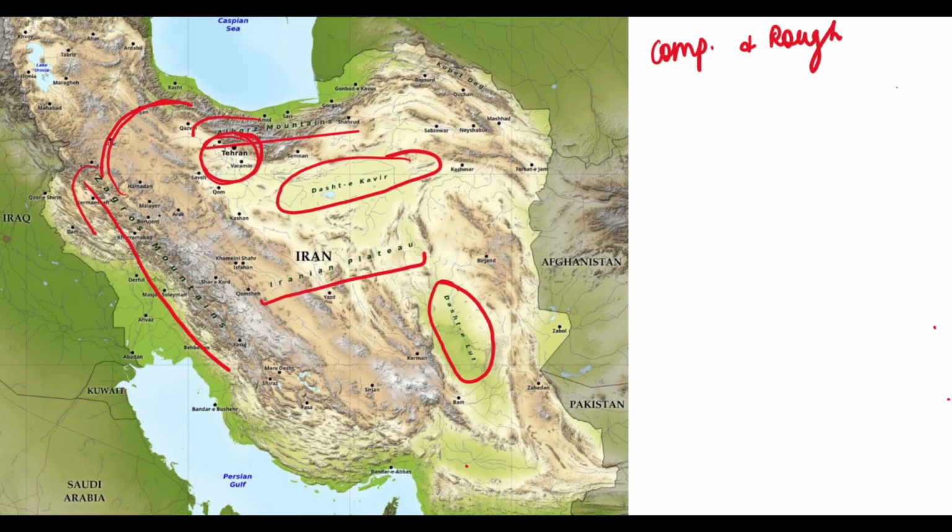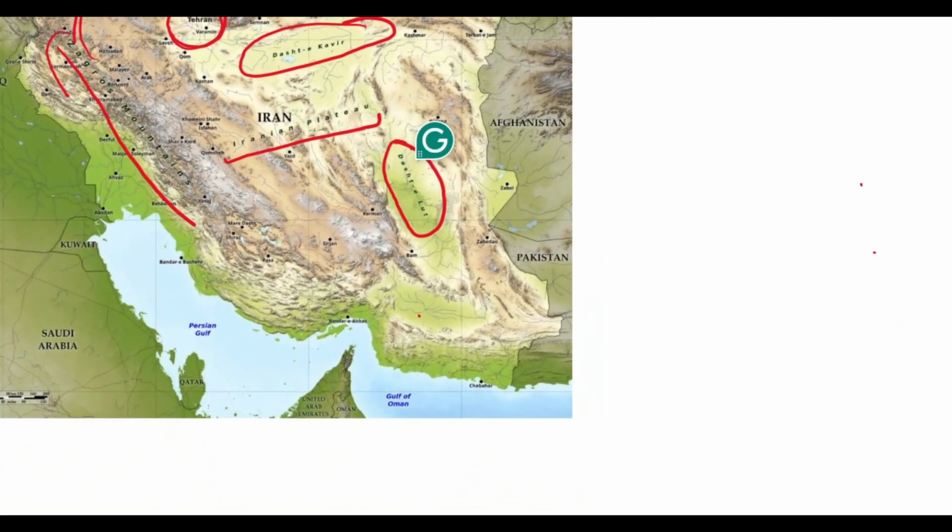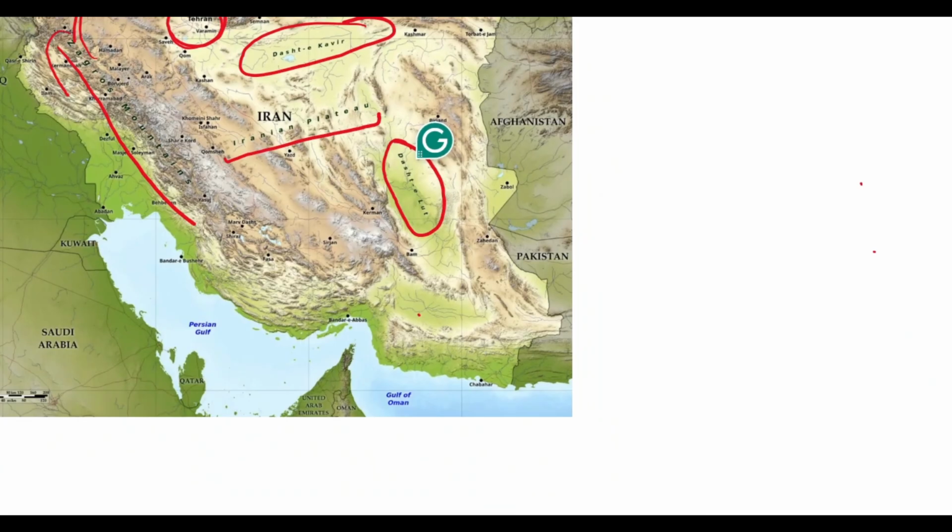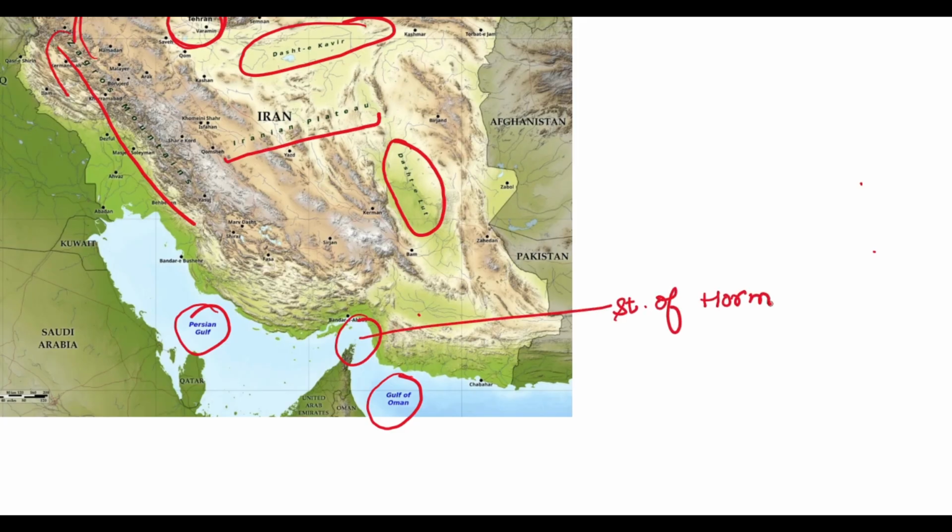Let's come to the maritime boundary. The south of the Caspian Sea borders Iran, and here, very important, the Persian Gulf, Gulf of Oman, and the Strait of Hormuz. Let me write it down for you. The Strait of Hormuz also borders Iran.